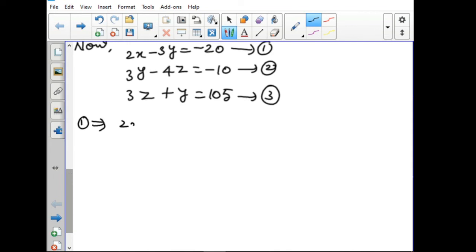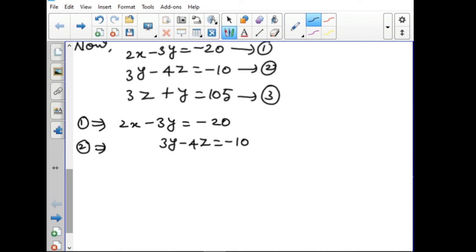Equation 1 is 2x minus 3y equal to minus 20. Equation 2: you have to write in terms of y, x is not given, so 3y minus 4z equal to minus 10.